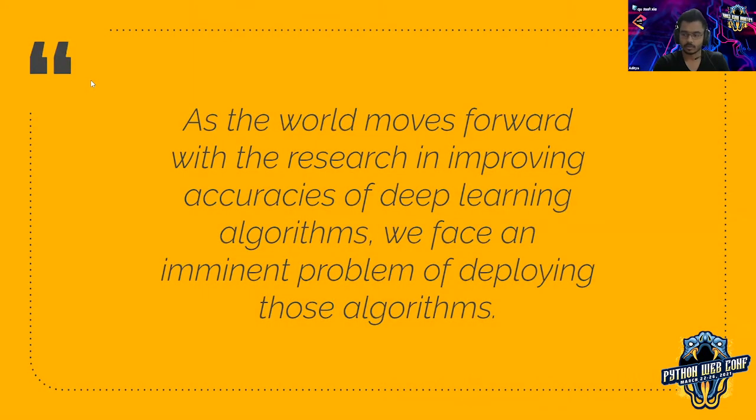I've been looking at the research going on in the field of object detection and computer vision, and I see that researchers have been deploying some amazing algorithms which push the accuracies higher every year, in fact every month. One problem I notice every time is how do you deploy those algorithms?